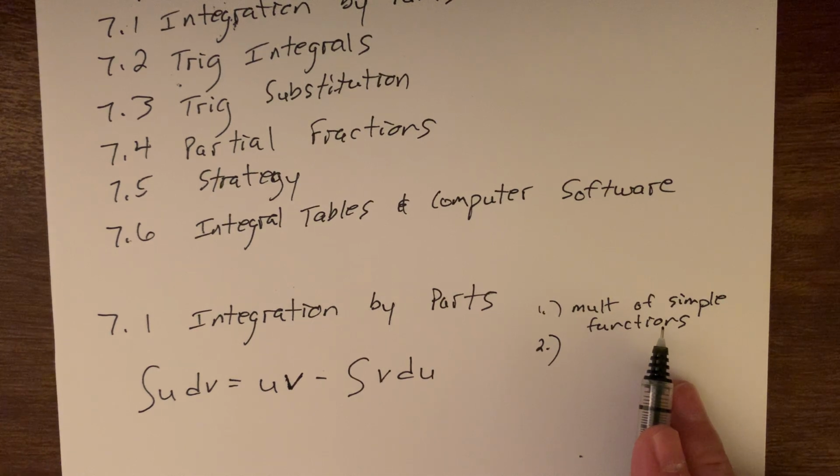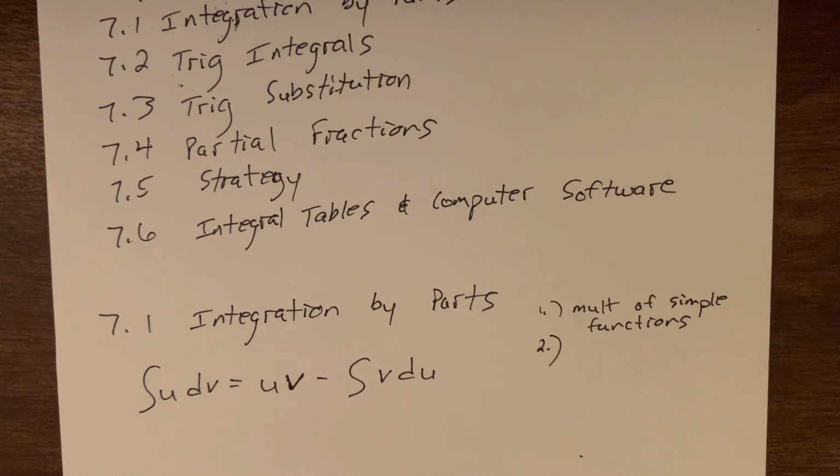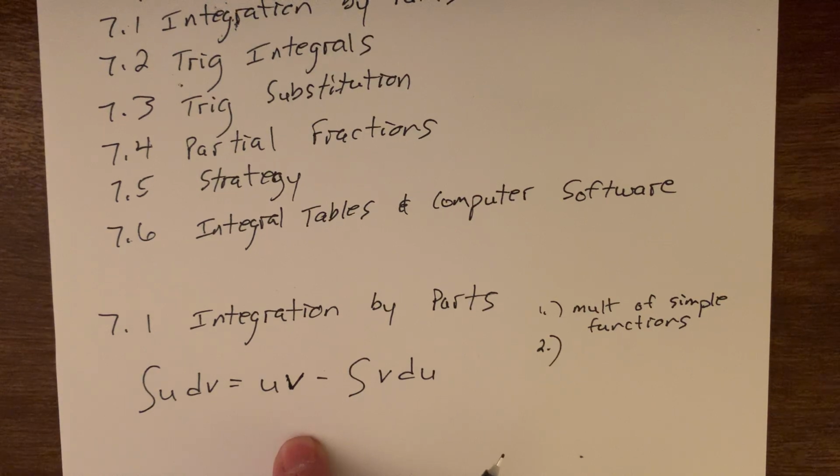Nothing too fancy. All of them have multiplication, but all of them are, again, pretty straightforward in that multiplication, and there's no inner, outer. So when we even think about our traditional techniques to this point, you don't even really have any good possibility for u substitutions. So that's a big situation where integration by parts will apply.